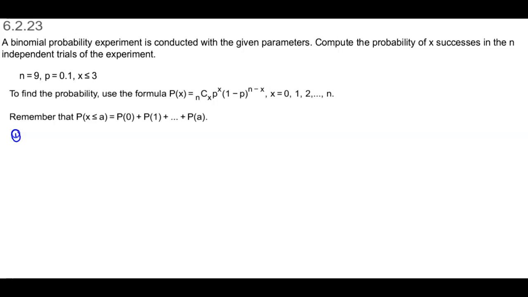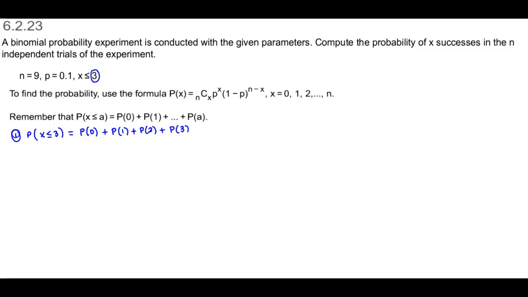We know the value of a is going to be 3. So that means that P of x less than or equal to 3 is going to equal the probability of 0 plus the probability of 1 plus the probability of 2 plus the probability of 3.